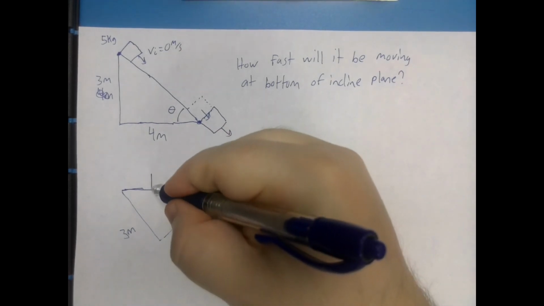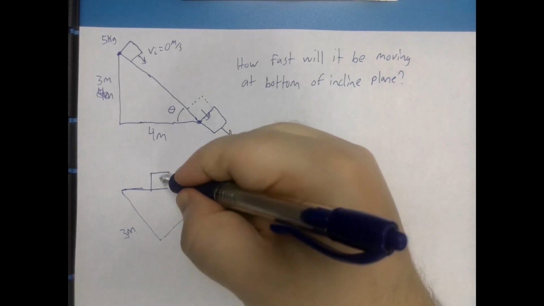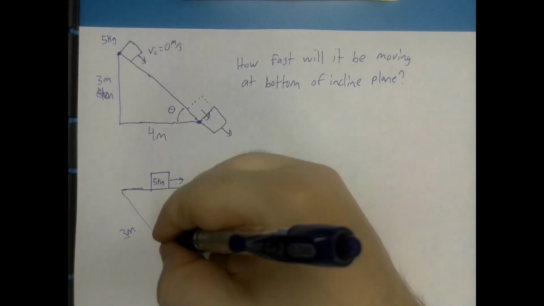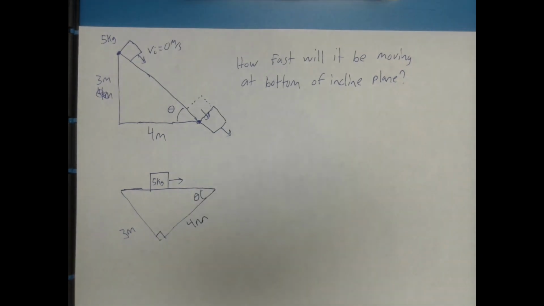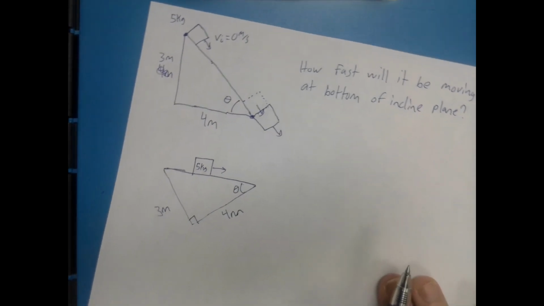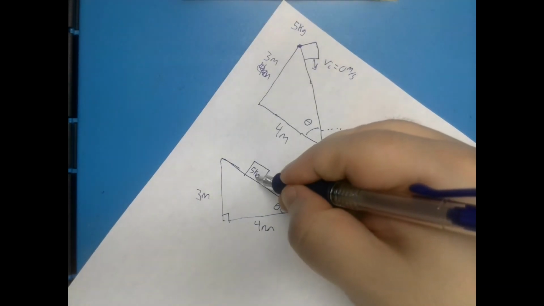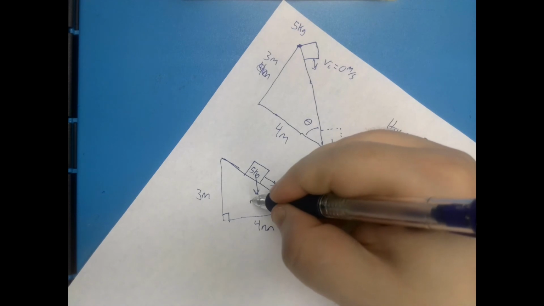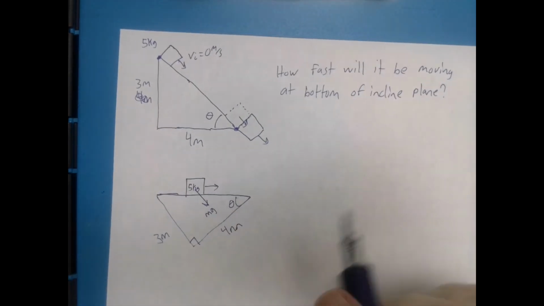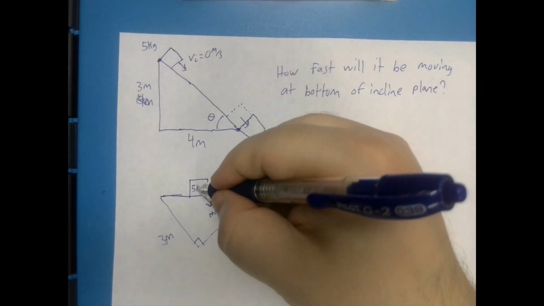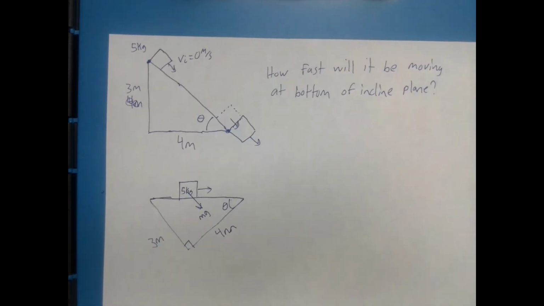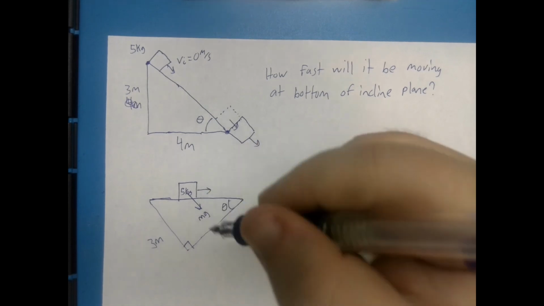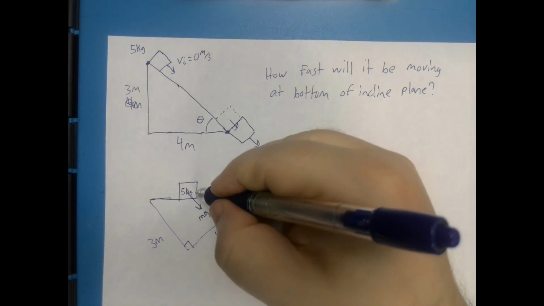So we basically have a box, 5 kilograms, that's moving to the right. Gravity is pointing downward, so gravity is going to give it a force of mg. It has a normal force on it.